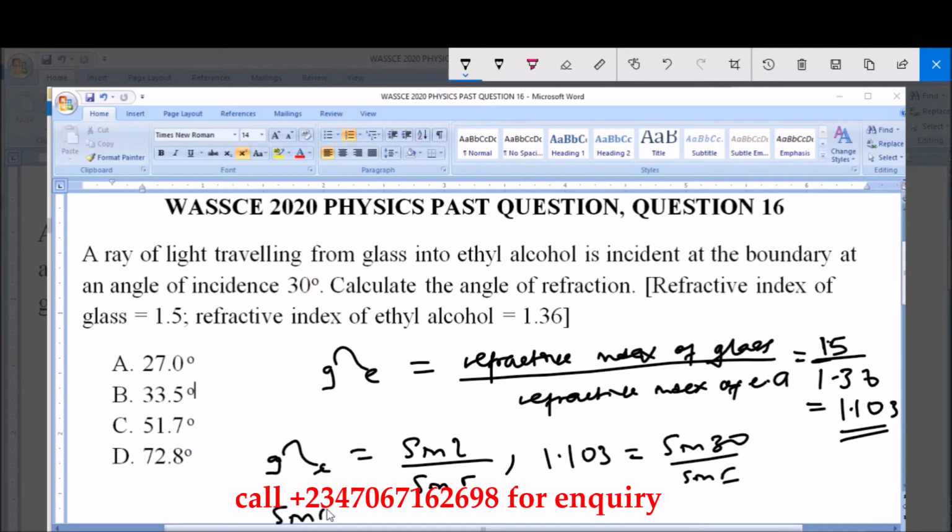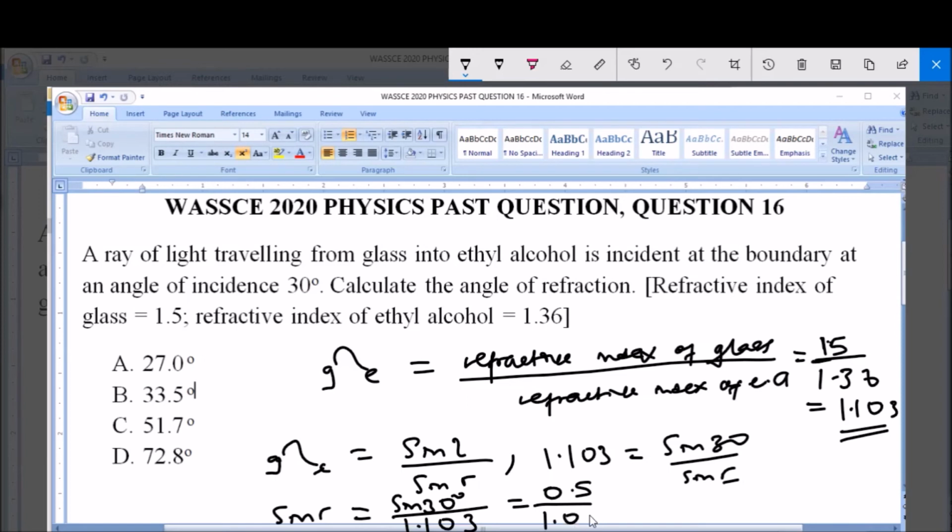sine r, that is sine of the angle of refraction, is equal to sine 30 degrees all over the refractive index of light moving from glass to ethyl alcohol, and that is 1.103. And sine 30 degrees will give us 0.5, now all over 1.103.